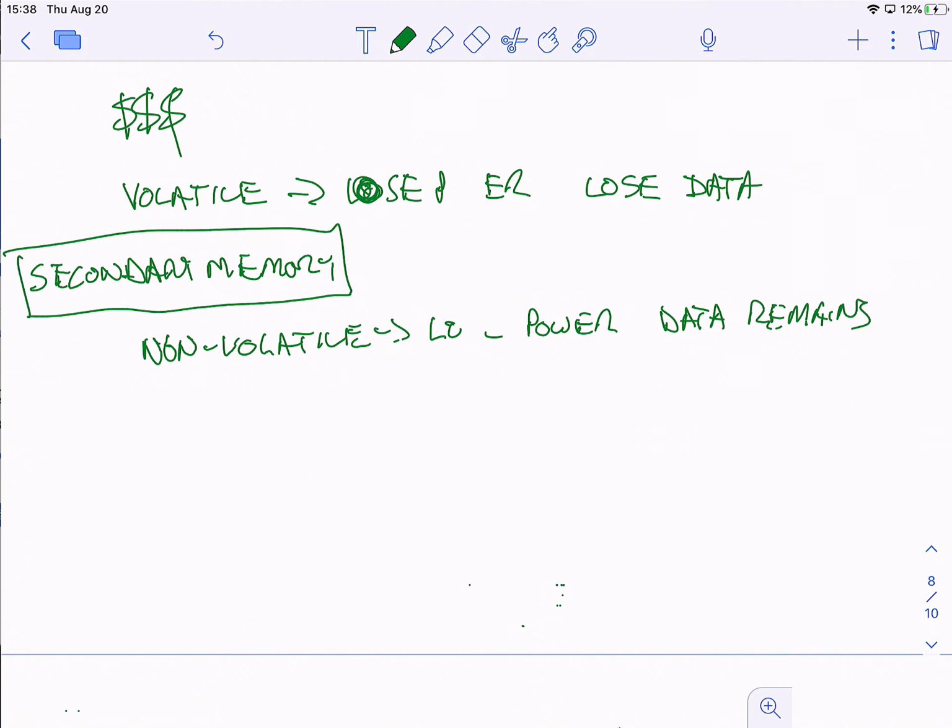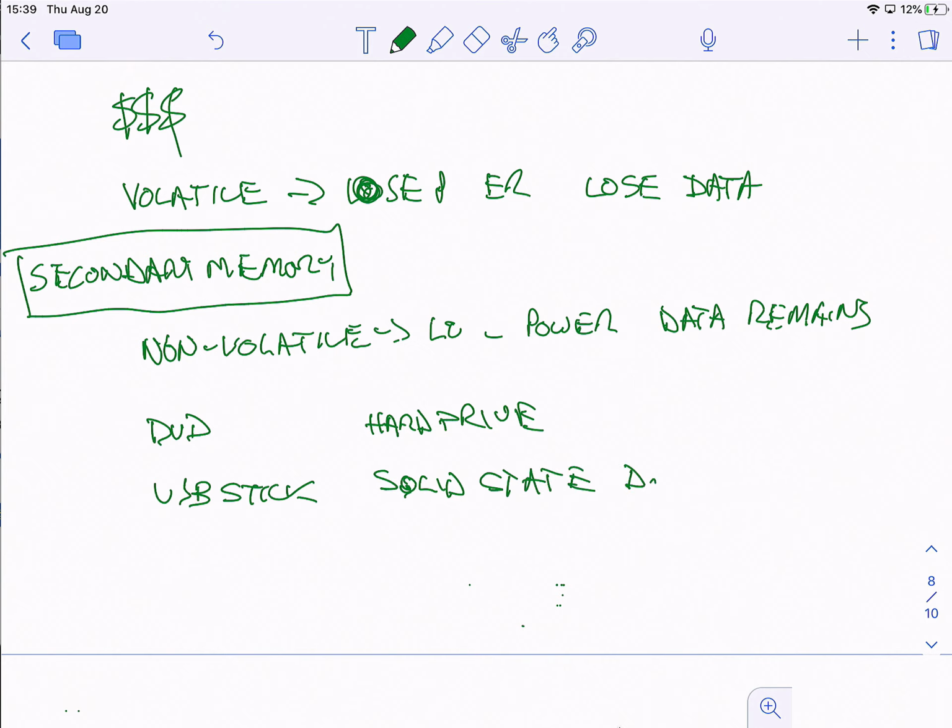So some examples of secondary memory would be, and they're still around: DVD, USB stick, a hard drive, a solid state drive.